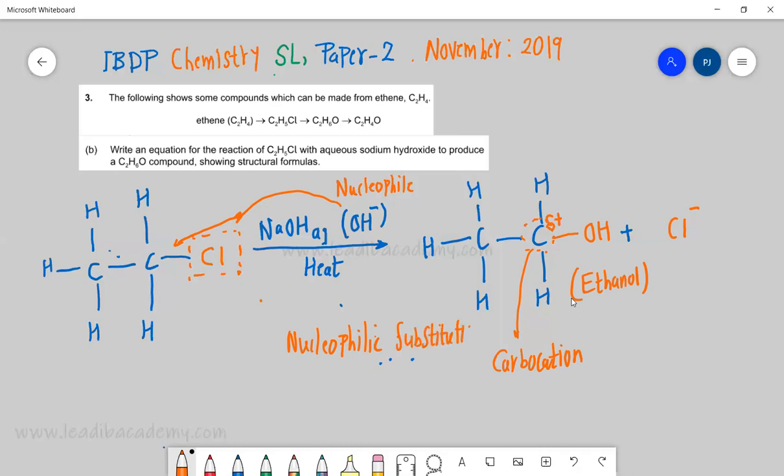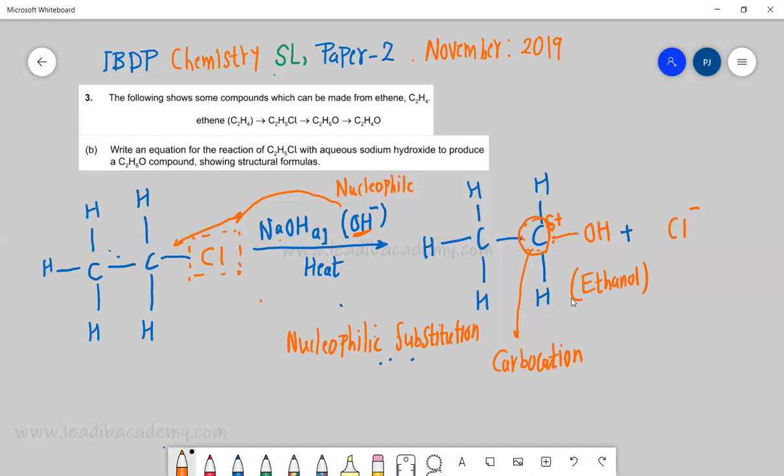Why nucleophilic substitution? Simple, because the reagent, that is OH minus, which is coming from NaOH, was rich in electrons. That means it is looking for the nucleus. Nucleus means positive charge, and here comes the carbon, which was having a positive charge.